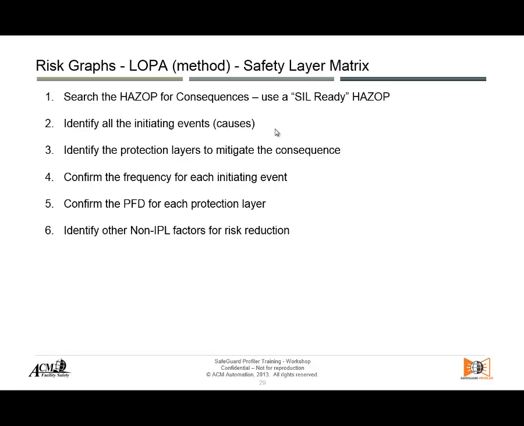Don't just take them and put them in there. Discuss intelligently about those numbers that you're getting and what they mean specifically. So now we identify non-independent protection layer factors for risk reduction. Those are other factors or other protection layers.